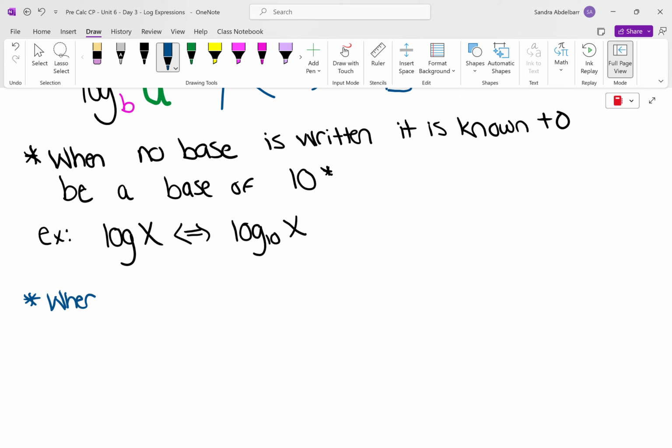Okay, when the base is e, it is written as ln.